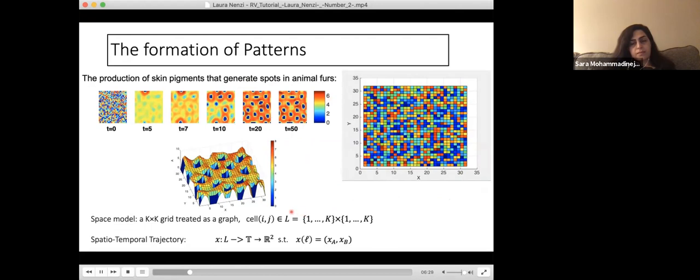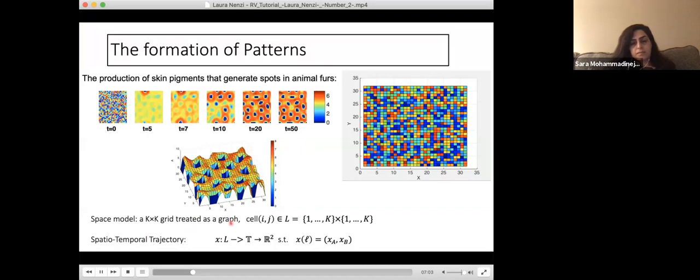And here we see just the evolution in time of the concentration of the protein A, where in the spot, so in the blue part, the concentration of A is very low, and in the red part, the concentration instead is high.